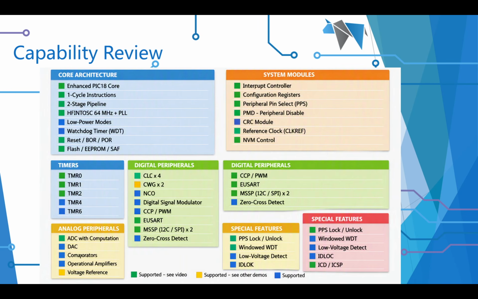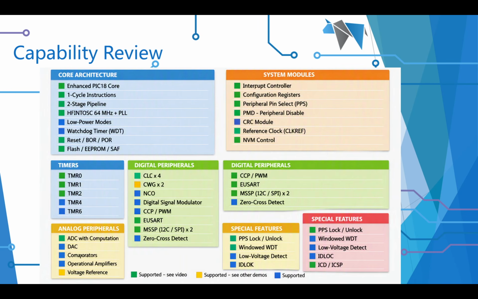In the middle ground, the digital peripherals, we've looked at CLC. There are definitely CWG demonstrations, go get them. There's supported NCO, with many demonstrations for that. There are many demonstrations for CCP and PWM, that should be green, to be quite frank. MCP we've seen in depth, and obviously the serial we've seen in depth. Zero crossing is fully supported.